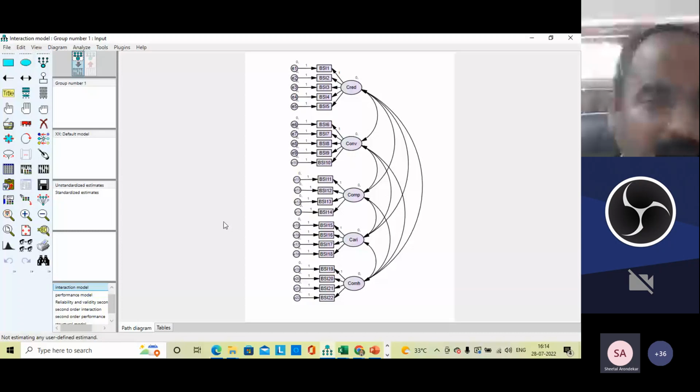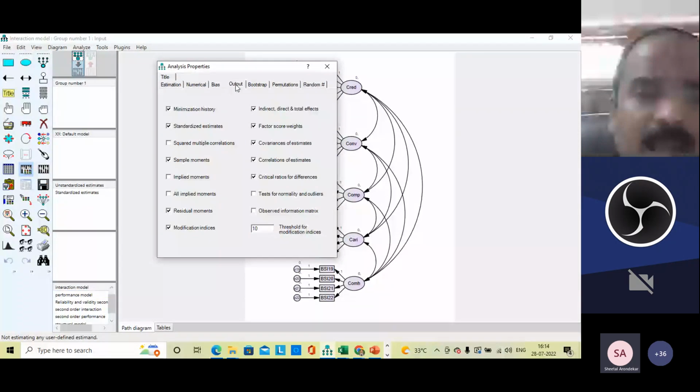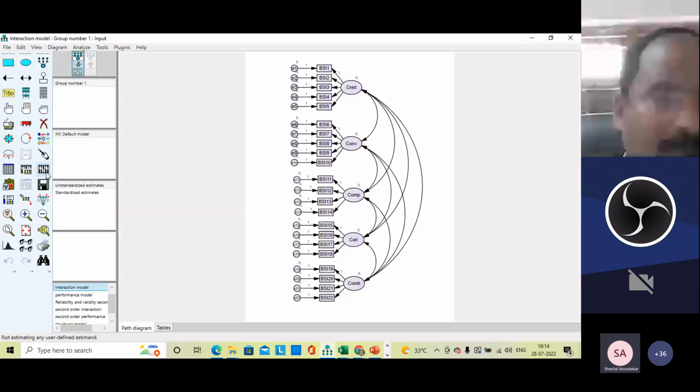Now the same process, I will go to the analysis properties. Whatever I require, I will make checked or ticked. I have already ticked them today, so these are all remaining here. Then I will close it. Then I will calculate estimates here. Please look at my cursor movement. I can calculate here.